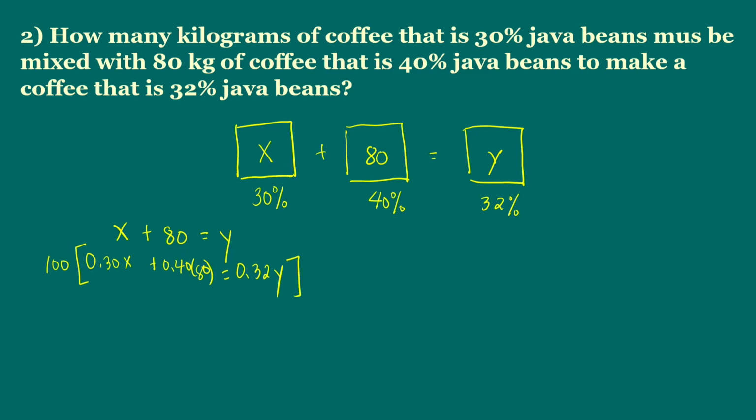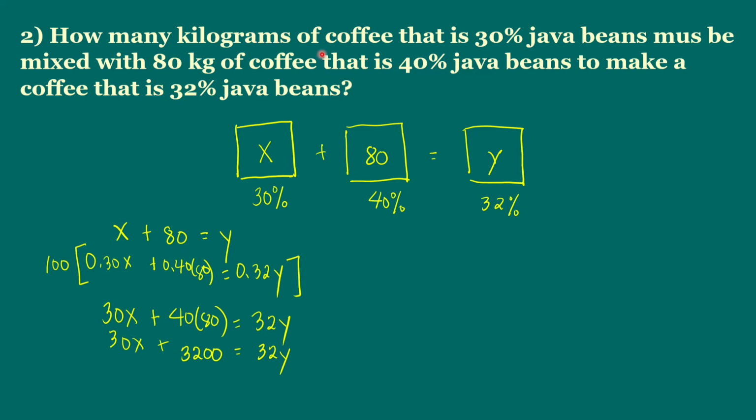We have 30x. Now 100 times 0.40, that will give us 40, and then times 80, and 0.32 will become 32y. Also, we can multiply 40 times 80, that will give us 3,200 equals 32y.